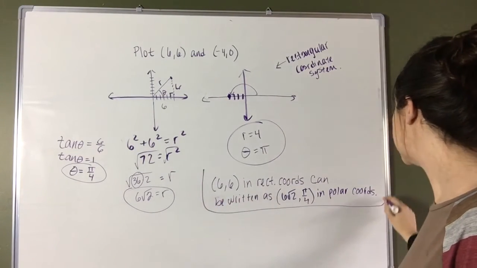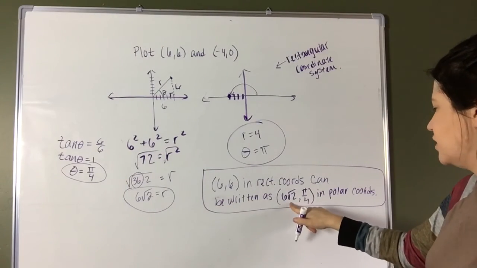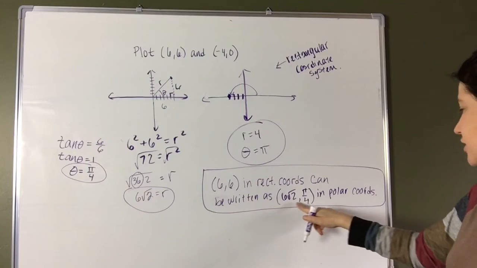Okay, so that's one takeaway here. When you write polar coordinates, you always put the r value first, and then you put the theta value after.